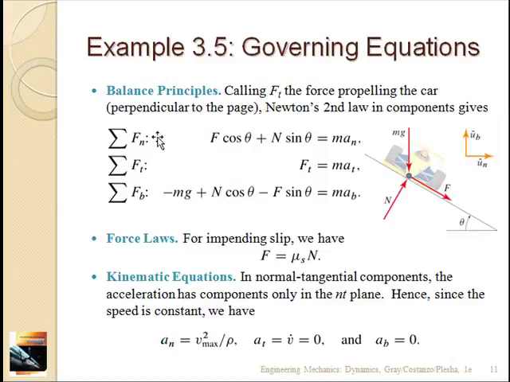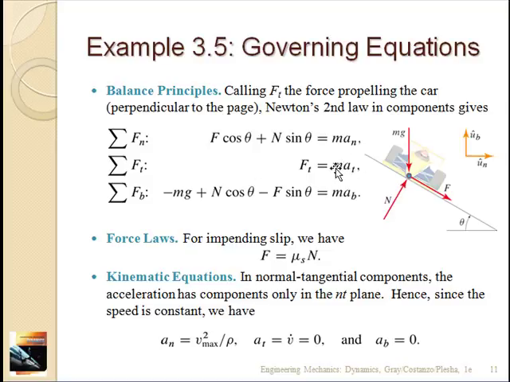So we just sum forces in the N, T, and B directions. In the T direction, which is out of the page, we just assume the car is traveling at constant velocity, so there's no acceleration, so there's no force, ignoring losses and friction in the car internally and that sort of thing. We just ignore that out of the page altogether.